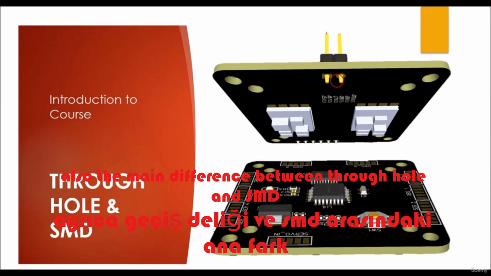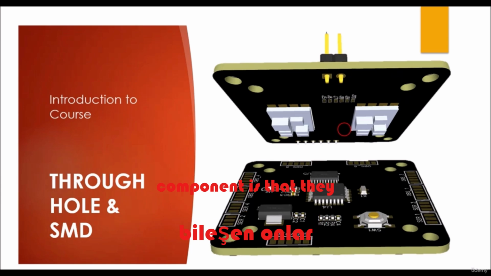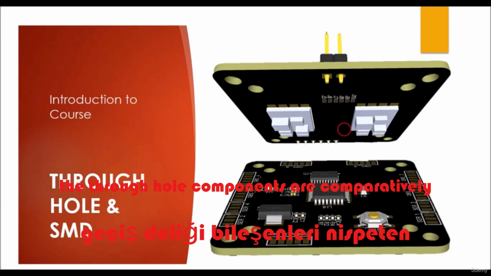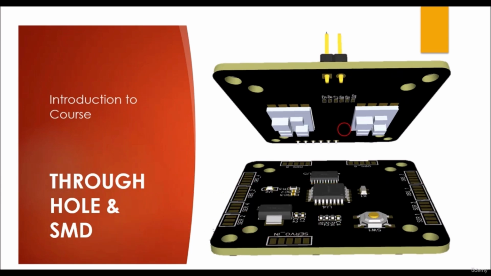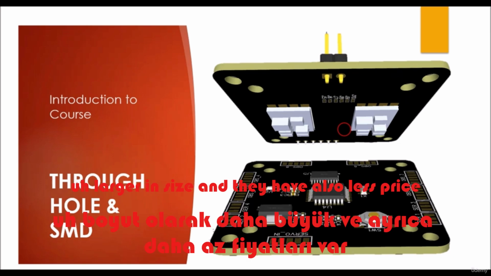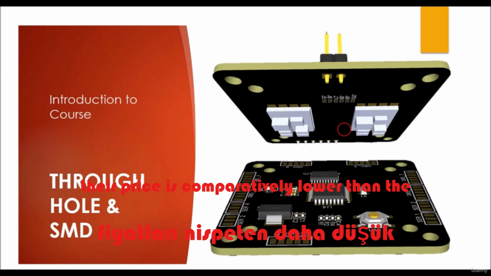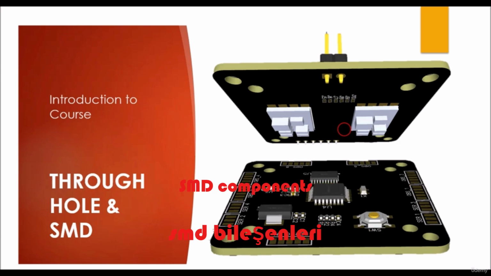Also the main difference between through hole and SMD components is that the through hole components are comparatively larger in size and they also have a lower price. When it comes to price, their price is comparatively lower than the SMD components.